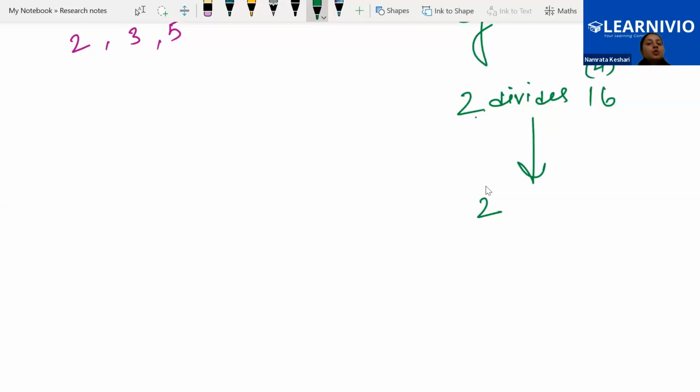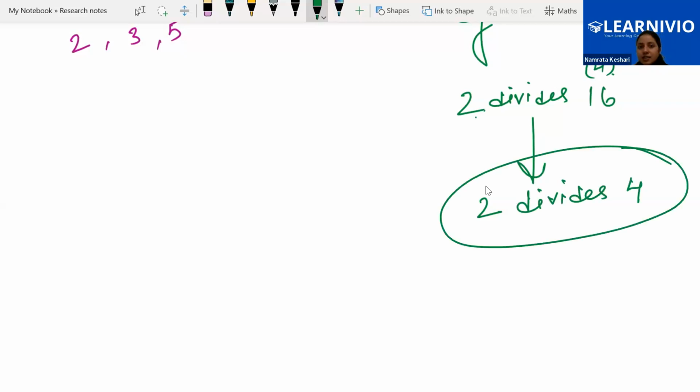So 2 divides 4 square, then 2 will also divide 4. When we take an example, we can see in reality it is true. 2 divides 4 also.